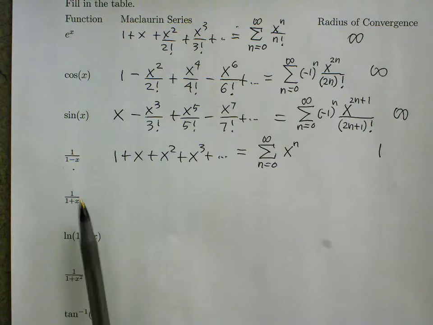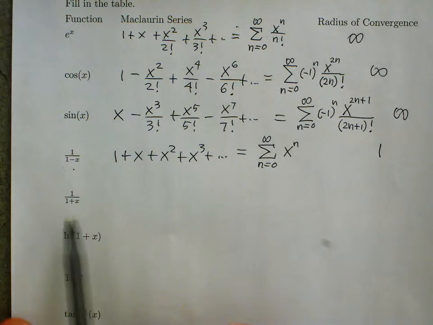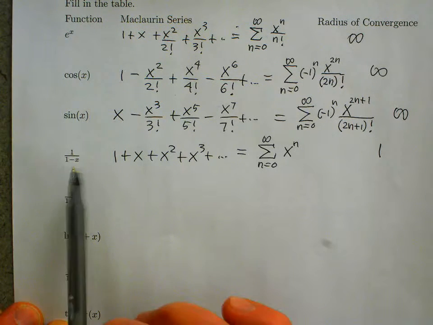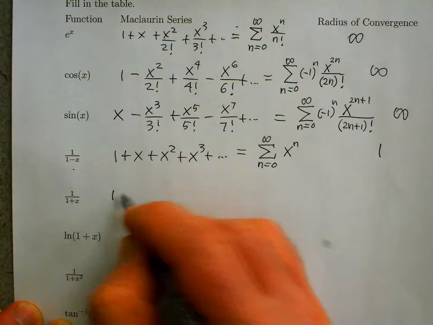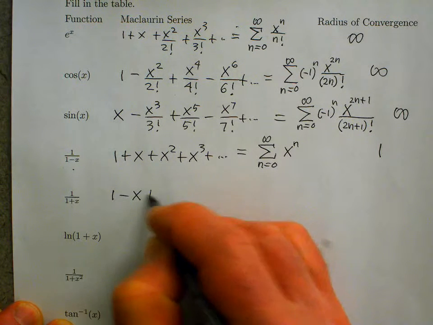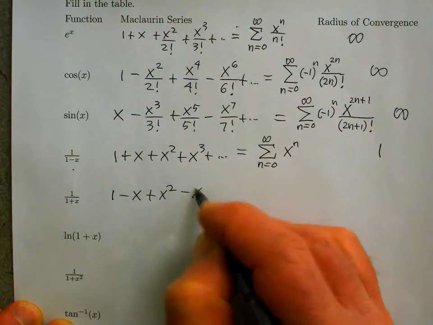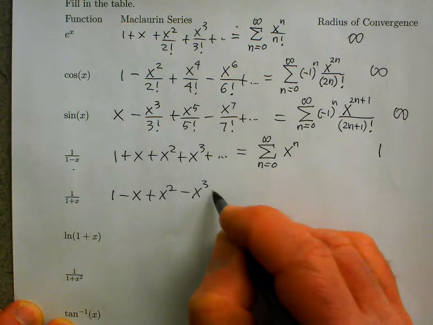Okay, what's the Maclaurin series for 1 over 1 plus x? It turns out that it's the same as the series you get if you use the geometric series formula. So this one is 1 minus x plus x squared minus x to the 3rd, and so on.